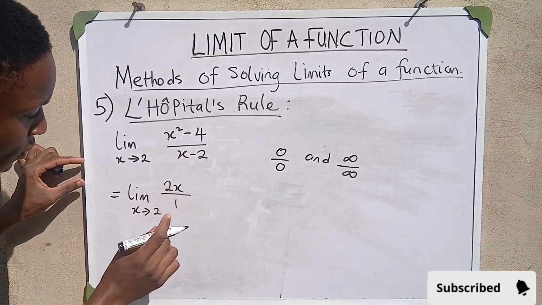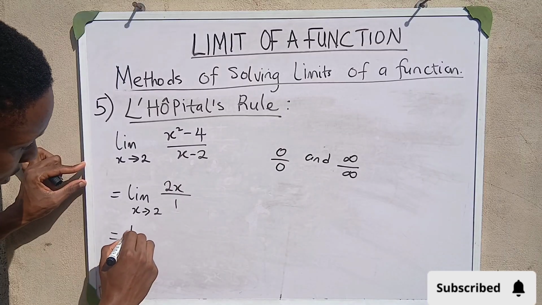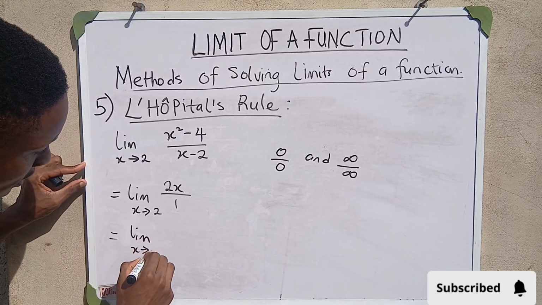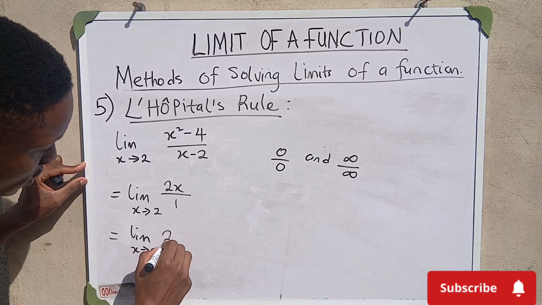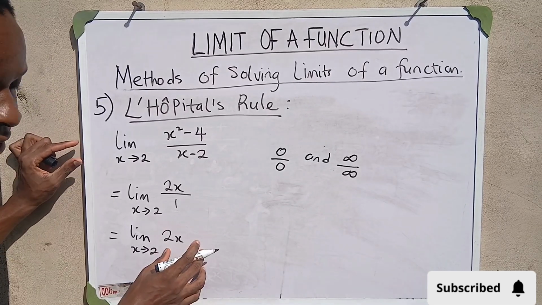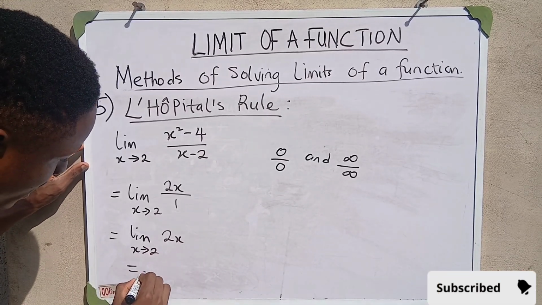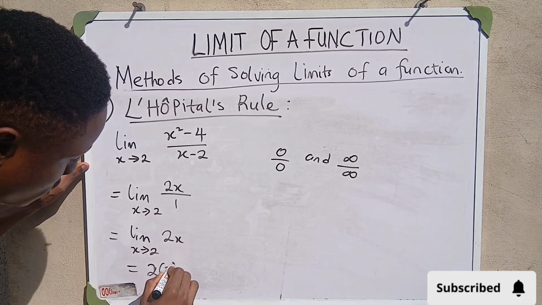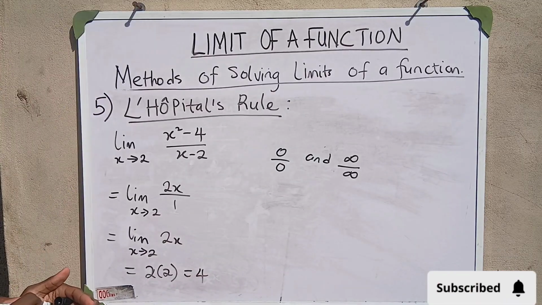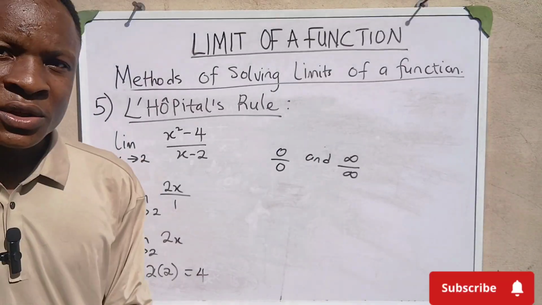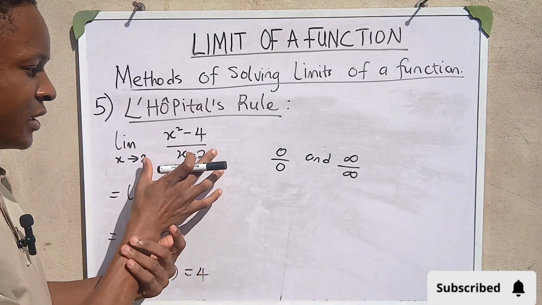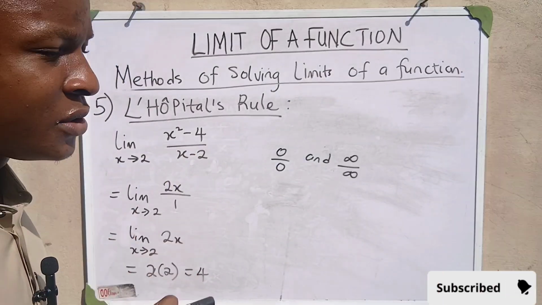So we have the limit of x approaching 2 of 2x. So substituting the value of x as 2, we have 2 times 2, which is 4. So this is how we solve using L'Hopital's rule. We differentiate the function and substitute our value.